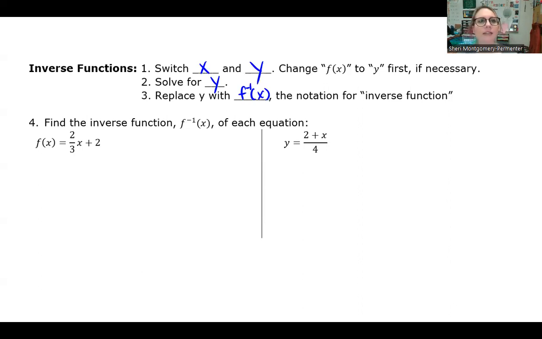So the symbol is right here. We're going to find the inverse function. This is the notation for inverse of each equation. So in step 1, it says switch x and y. Well, for the first problem, it's not really y. It's listed as f of x. So it might be helpful to rewrite this and change that to y. So y equals.